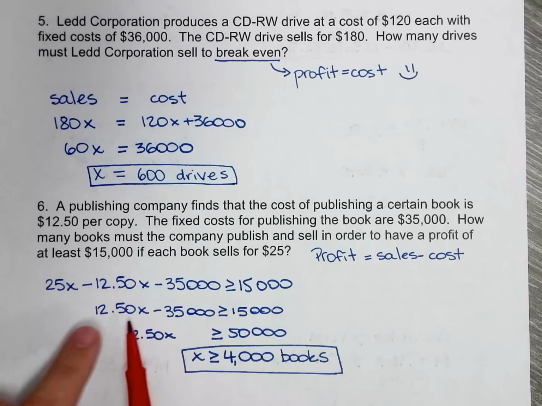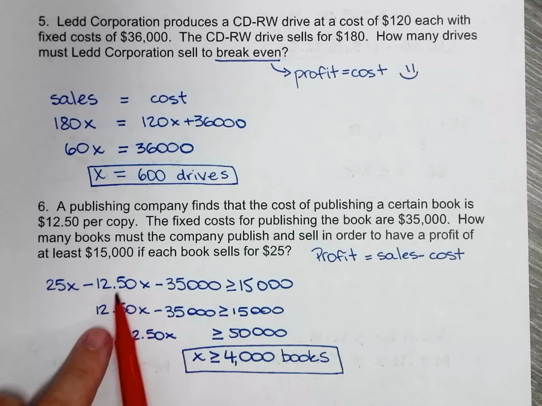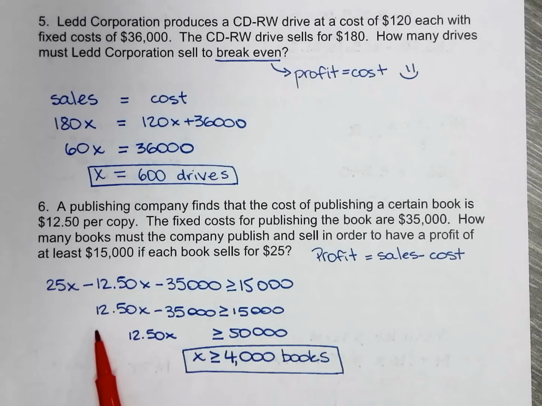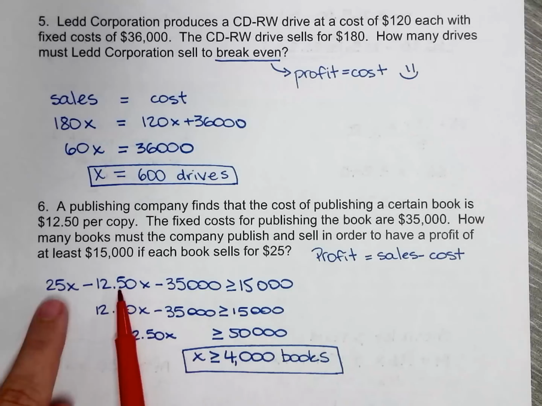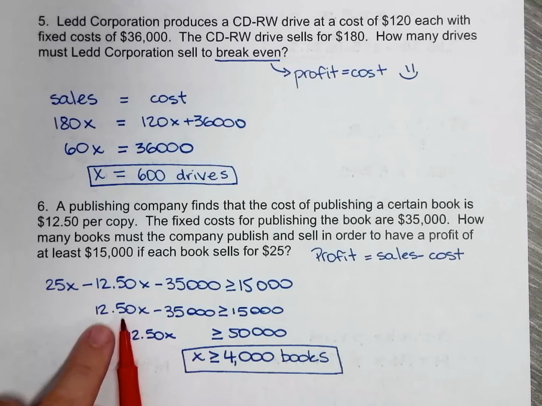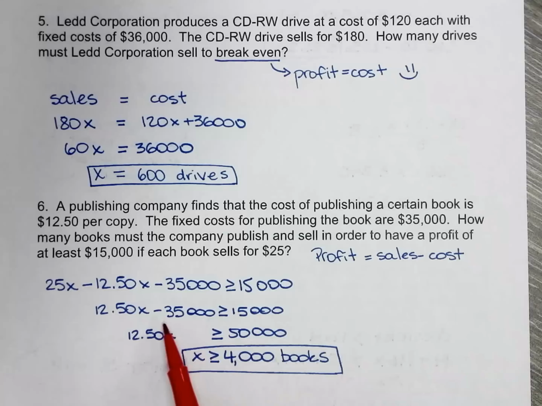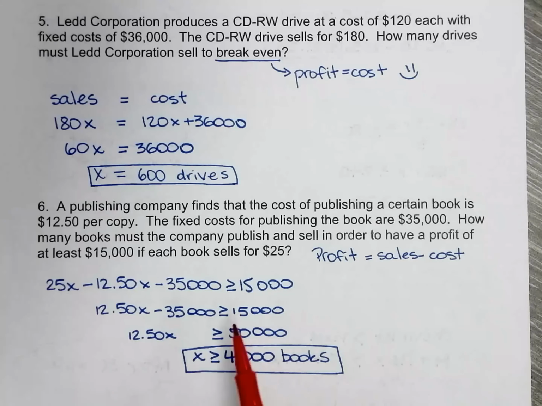Combine like terms: 25 minus 12.50 is 12.50. Don't say this just went away, because it didn't. I'm combining like terms right there. 12.50x minus 35,000 equals 15,000. Add 35,000 to both sides.